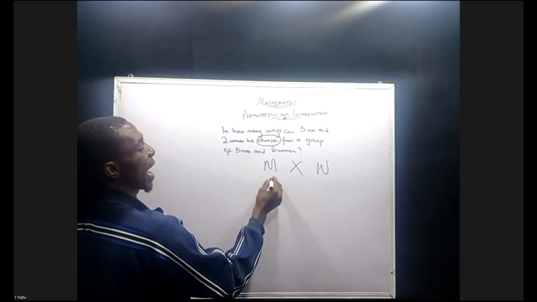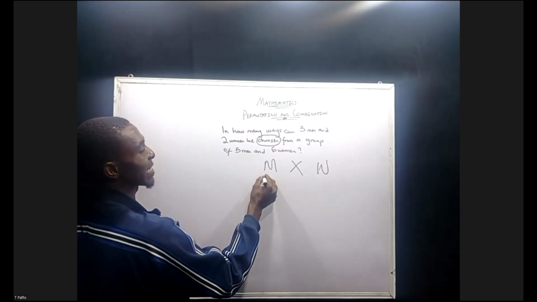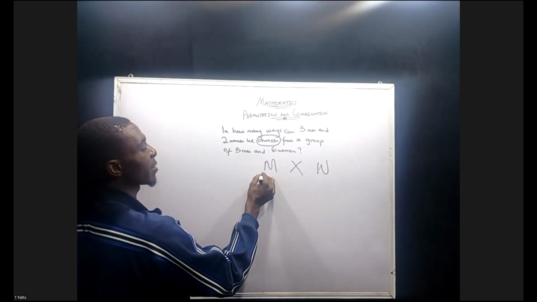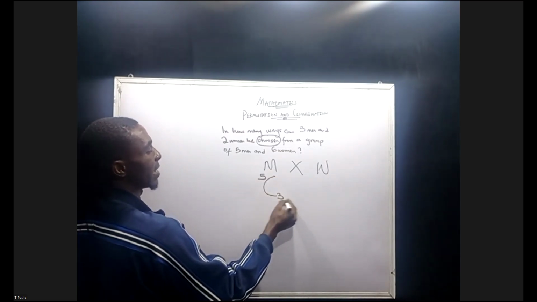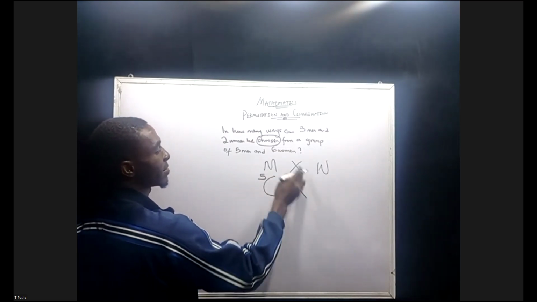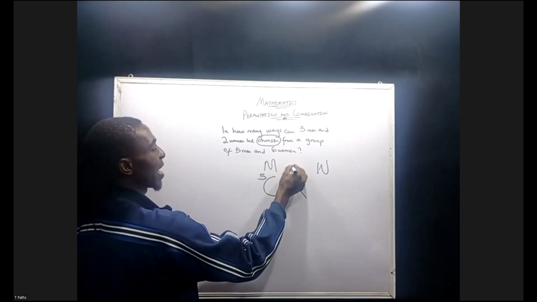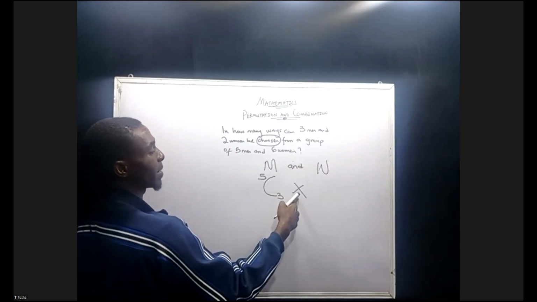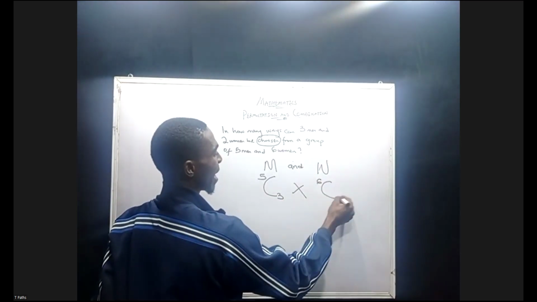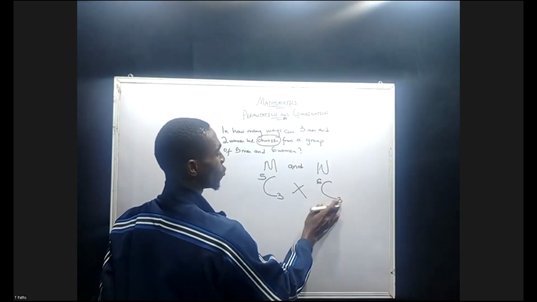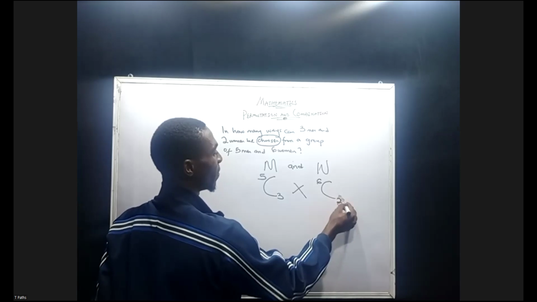How many ways can I select 3 men out of 5 men? And the word "and" now is multiplication. Out of 6 women, I want to select just 2 of them.